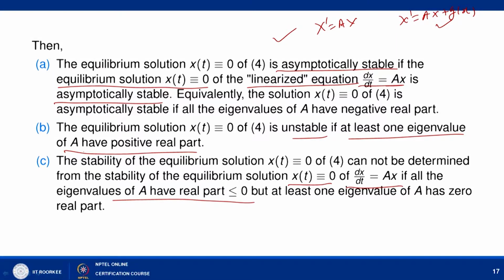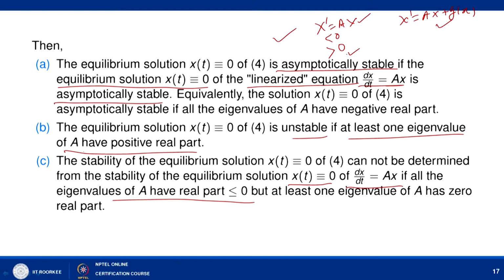Now, if we have at least one eigenvalue with positive real part, then every solution of x' equal to Ax will be unstable, and we can say that the equilibrium solution of x' equal to Ax plus g(x) is an unstable solution.